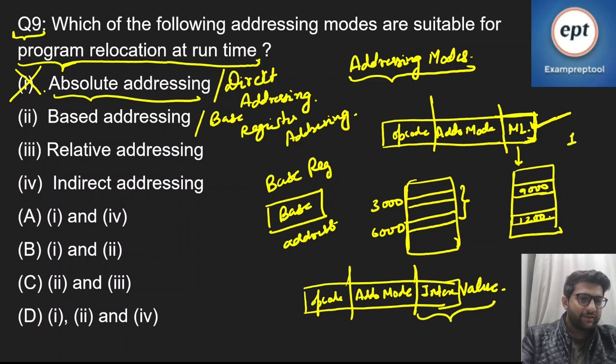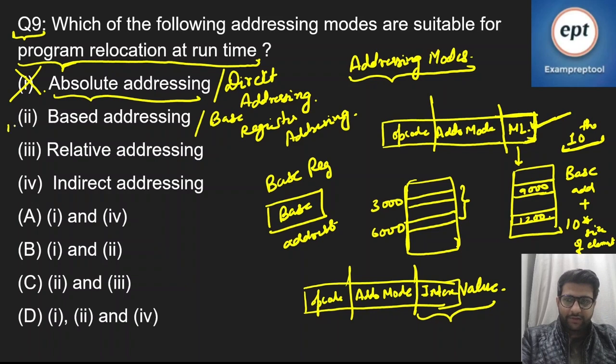If we want to access the 10th element, even if the base address changes, the 10th value will be stored at the base address plus 10 times the size of an element. So even if we relocate this program, we will not have to change these index values. That is why this type of addressing supports program relocation.